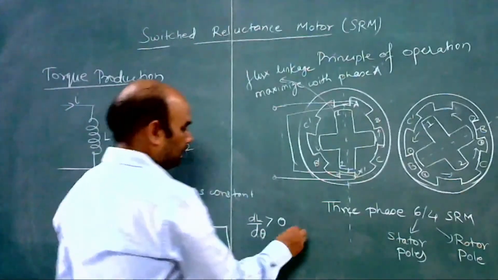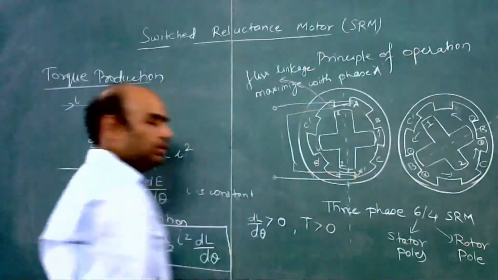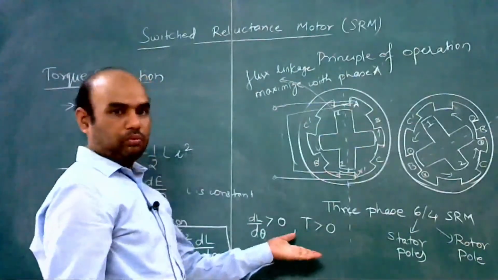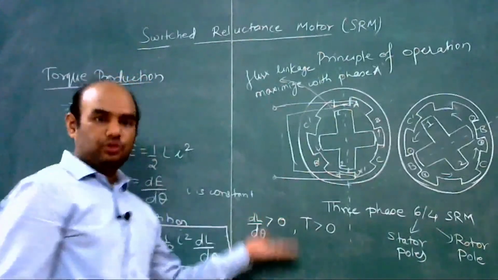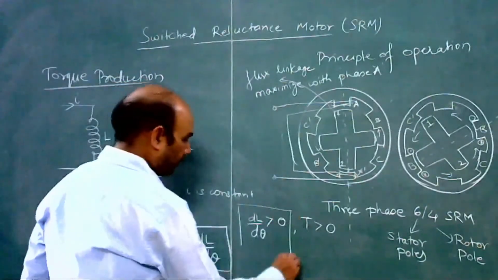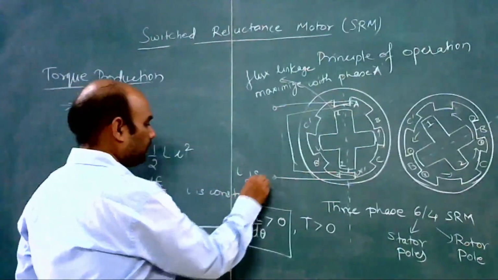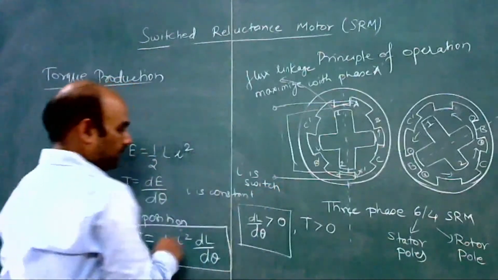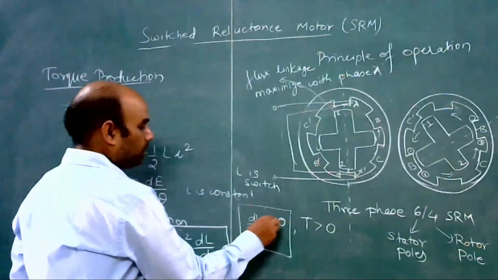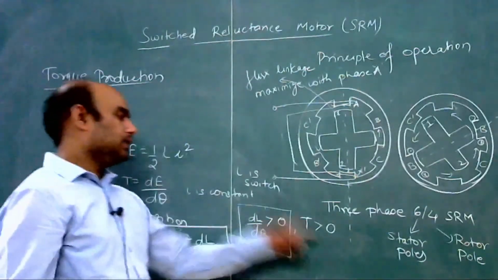Then only the average torque produced will be greater than 0. So this condition is very important: I is switched when dL by d theta is greater than 0, then only we get torque greater than 0.